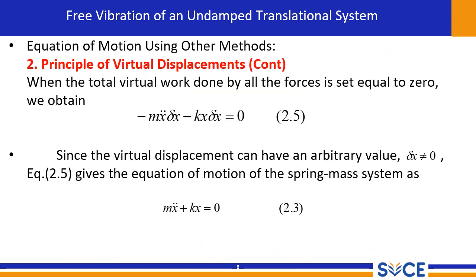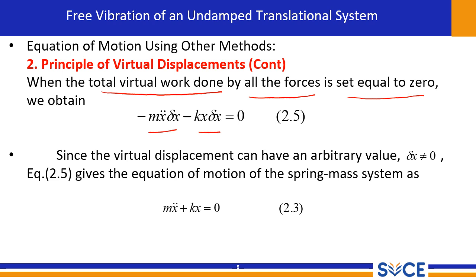As discussed in the previous slide, let us once again conclude that the total virtual work done by all the forces is set equal to 0. That is, the inertial force minus the stiffness force equals 0.